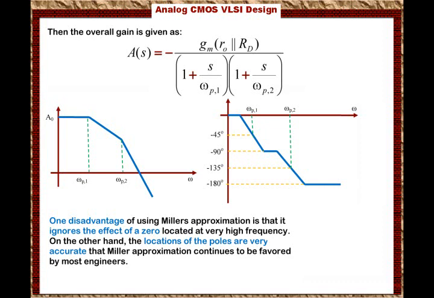And remember that we are really interested in the frequency response because we want to make sure that the phase margin is within a tolerable region such that the amplifier is stable when we use it in feedback.